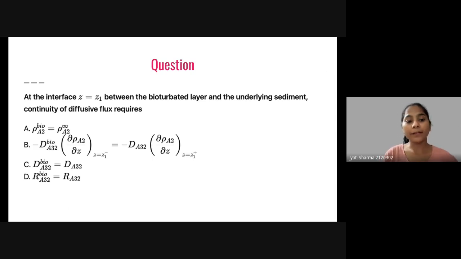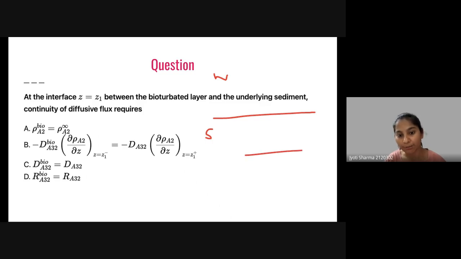Okay, and the next question is, at the interface z equals z1, this z1 is where bioturbation will start, between the bioturbated layer and underlying sediment, continuity of diffusive flux requires what? In the sediment side only, this is the water side, but this is the sediment side. And within the sediment side, we have z equal to 0.